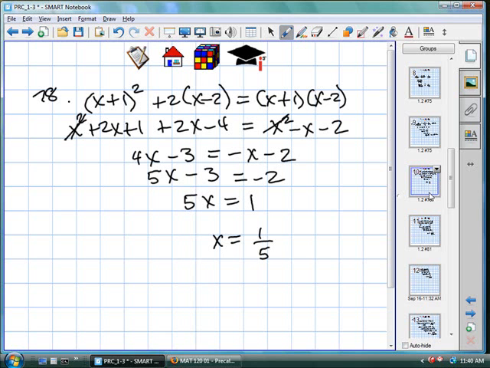Yes? For number 96, could you process, like, I solved for B, and I got the answer to that one, and then for C, I just put in... Wait a second.